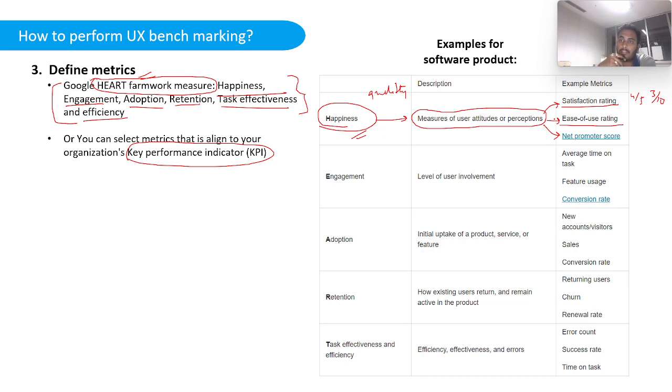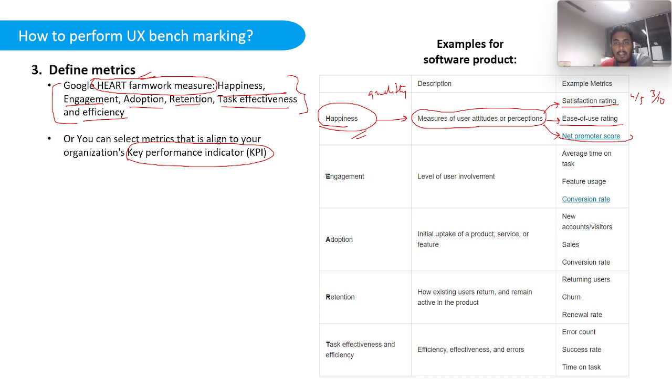But when you ask what is your satisfaction rating, there is no metric available which is quantitative in nature. There is no unit of measure for satisfaction, and no unit of measure for ease of use. So we need to use such ratings when we try to capture information on such qualitative measures, net promoter score, etc.